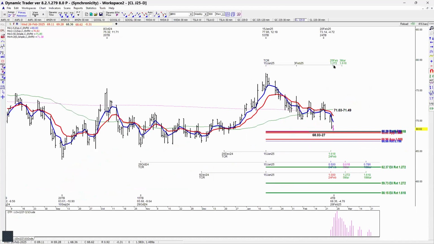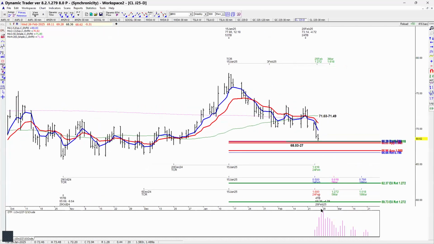But I have cycles here, the 24th, 25th, which is one time window to anticipate a possible low developing. And then the next one, via the histogram, which I projected from this last high here, is giving me 2/27 to March 1 to also anticipate a possible low.